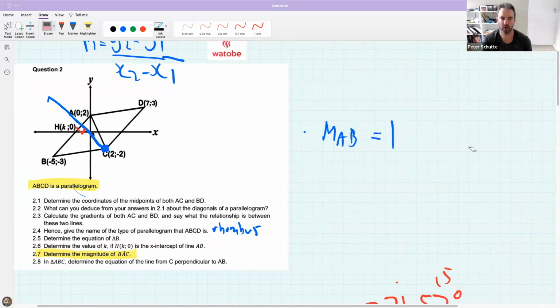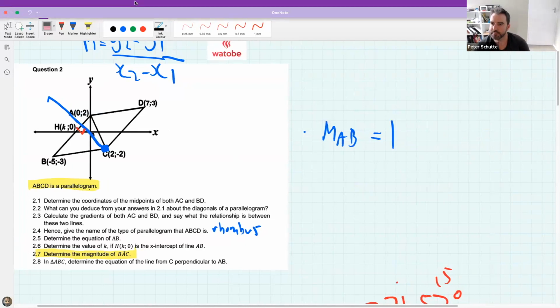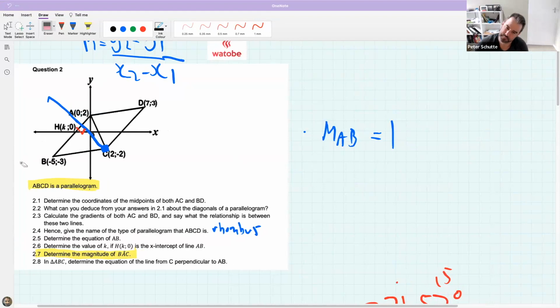And then we'll have a quick glance at, if there's time, some trig. Ask yourself, what is the gradient of the perpendicular line? We can even call it the red line.